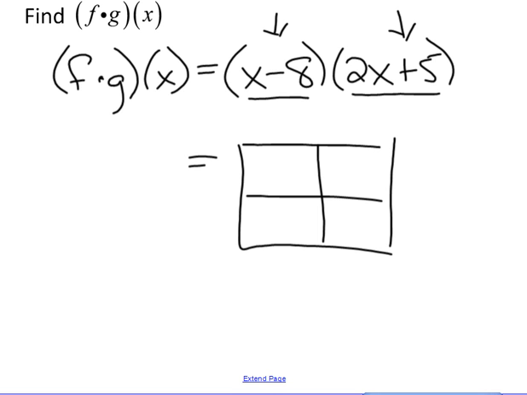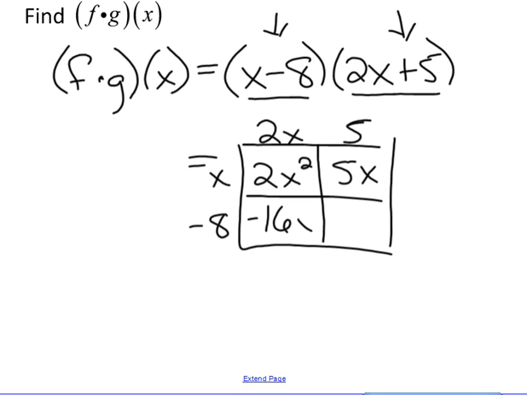when we multiply binomials, you can use the box method. So 2x and 5. So x times 2x gives you 2x squared. And x times 5 is 5x. Negative 8 times 2x is negative 16x.